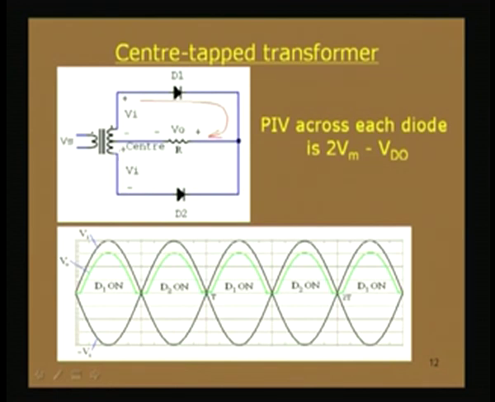The total voltage across is the secondary minus this drop. If one half is Vs and the peak value of one half is Vm, then the total peak value will be 2 times Vm. So 2 times Vm minus Vd naught will be the peak inverse voltage in this center tap transformer full wave rectifier, but here we are employing 2 diodes instead of 4 diodes in the bridge rectifier.